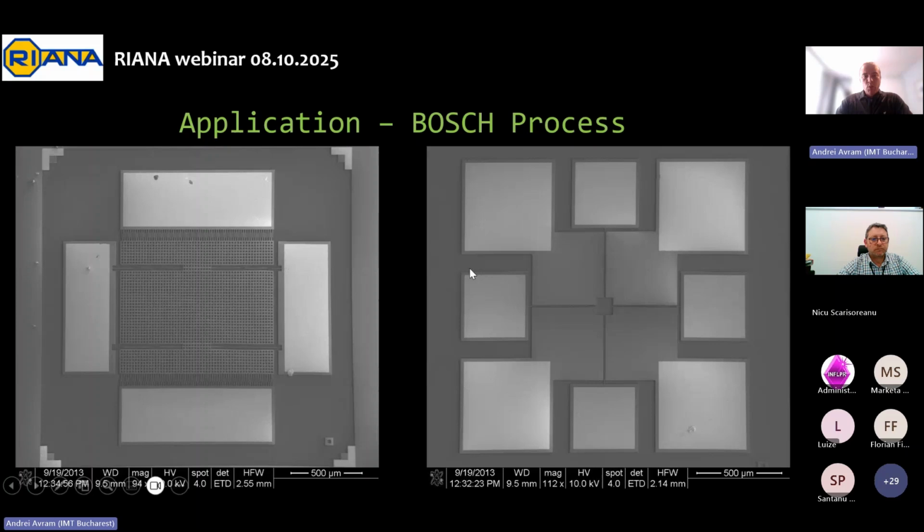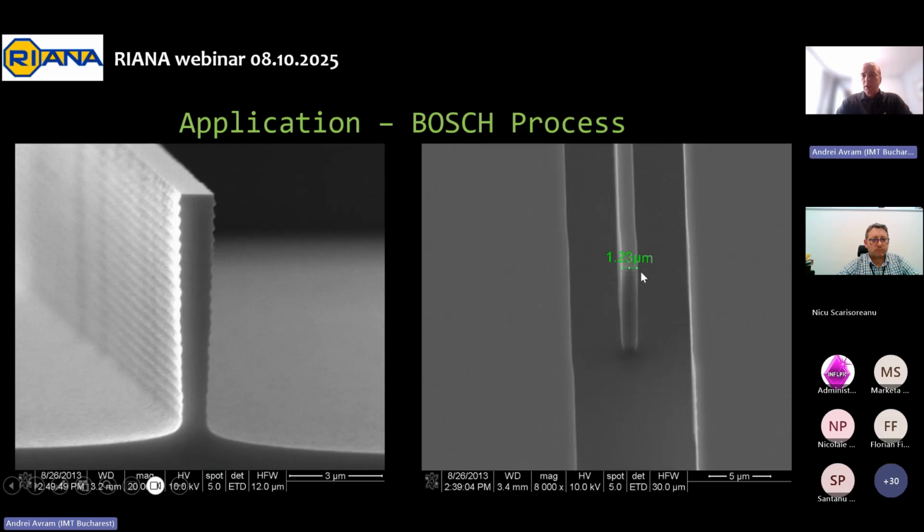Another example of the Bosch process: here we have two structures that we did in the past. This is an inertial mass, and these are some vibrating structures. Between these two squares there is a very thin line which vibrates. This is for testing some vibration modes in silicon. I just wanted to show you this picture. You have this very thin line, 1.2 microns, inside this narrow trench.